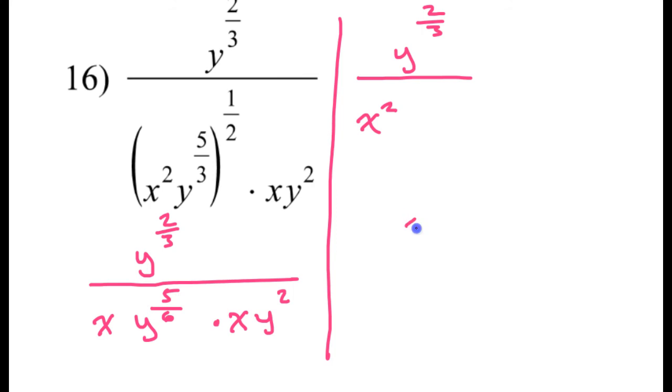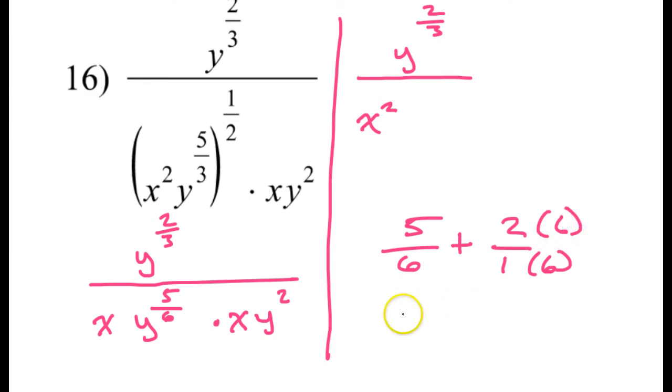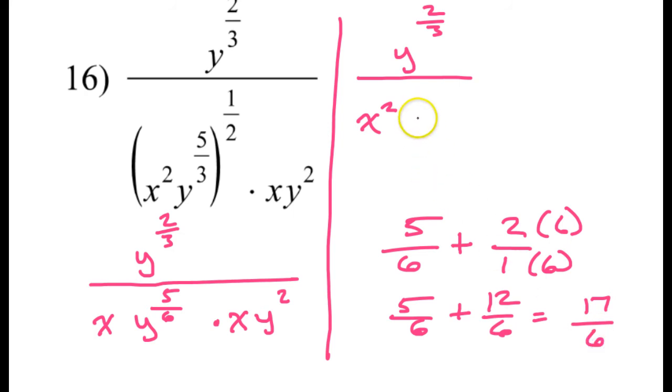So I need to add 5/6 plus 2 over 1. I can make these like denominators by going like this. So that's going to be 5/6 plus 12/6. So that's going to be 17/6. So that's y to the 17/6 power.